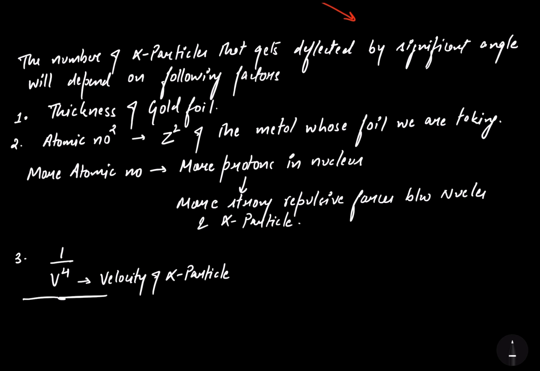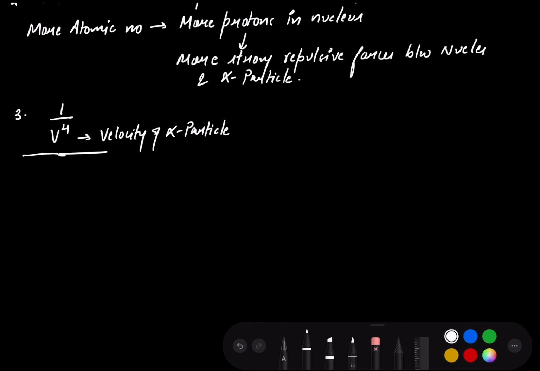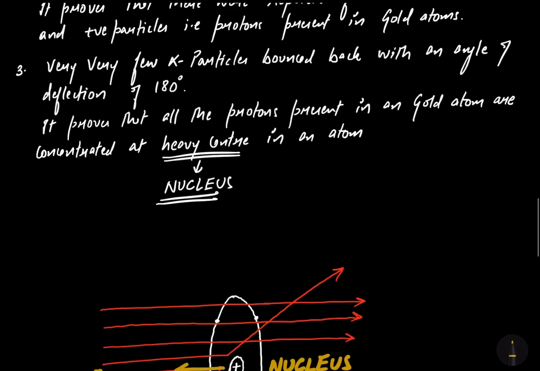So the number of alpha particles getting deflected will be inversely proportional to the velocity of the alpha particle. Now let's talk about one important term: the number of alpha particles deflected by an angle Q. Hopefully you remember what the angle Q is.